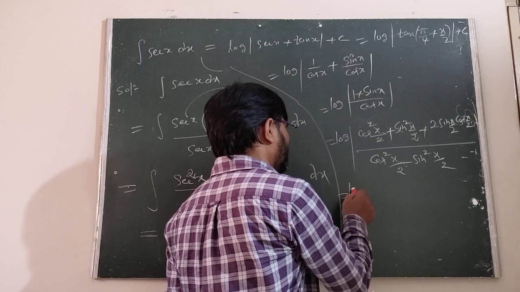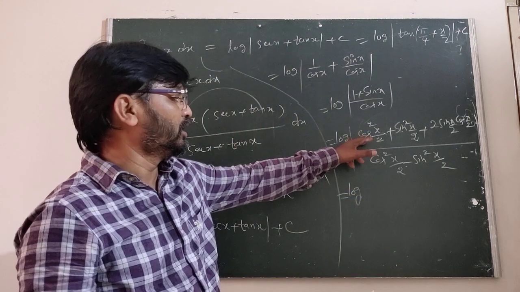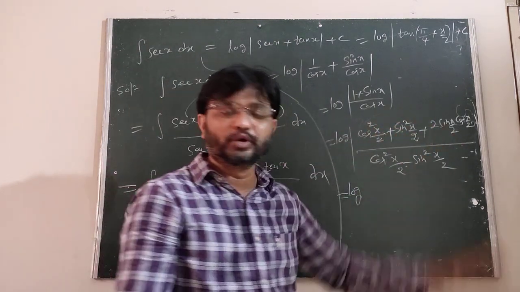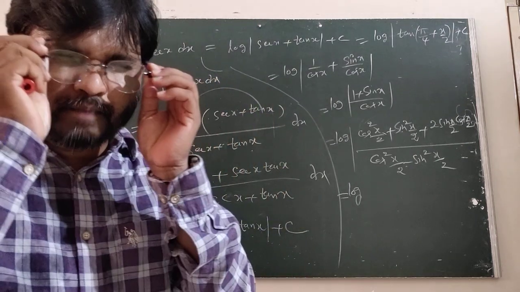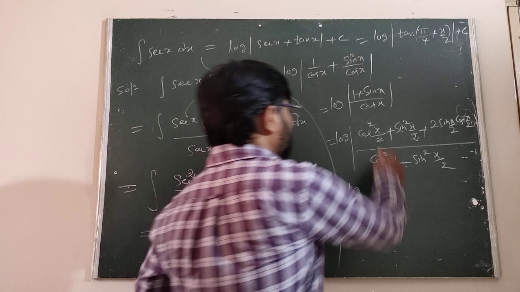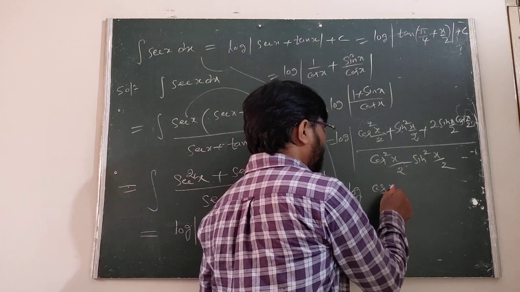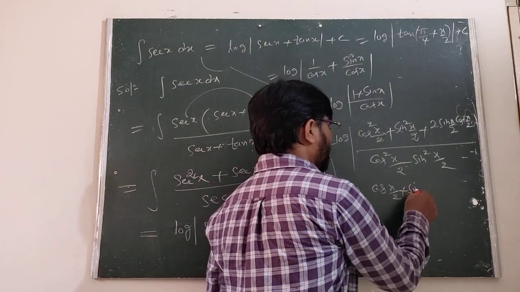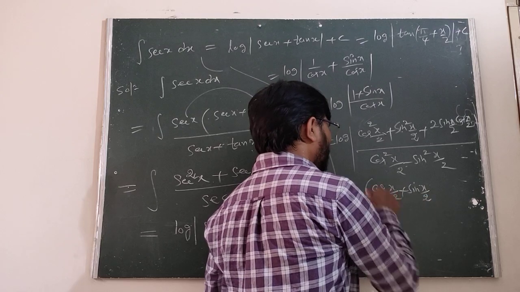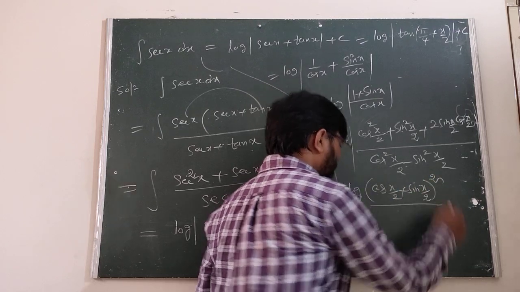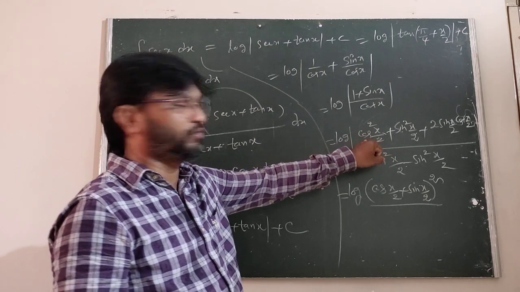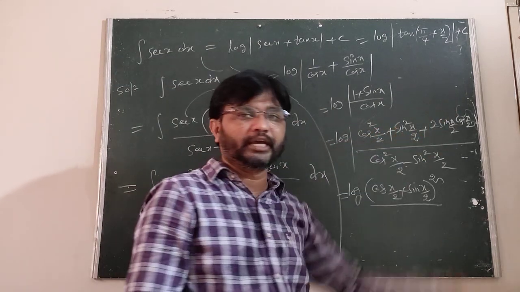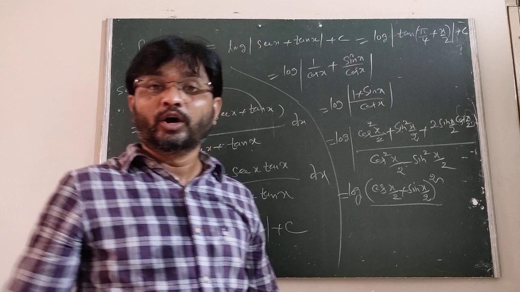Now we compare this with a square plus b square plus 2ab, which is a plus b whole square. Now this is cos of x by 2 plus sin of x by 2 whole square. So the numerator is in the form of a square plus b square plus 2ab, which is a plus b whole square.